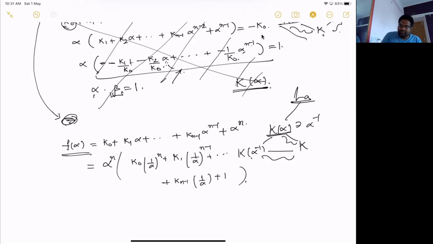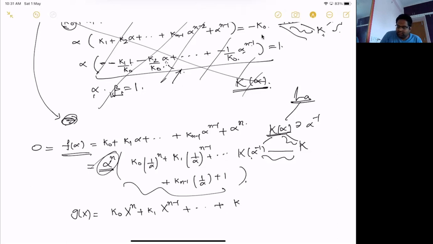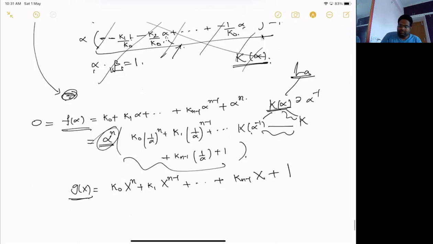So f of alpha is equal to 0, but alpha to the power of n is not 0 because we are talking about a field, so the bracket must be 0. So if you take the polynomial g of x equal to k_0 x to the power of n plus k_1 x to the power of n minus 1 plus ... plus k_{n-1} x plus 1, you can easily see that 1 over alpha satisfies this polynomial, and therefore it is algebraic over k. In particular, it belongs to L_A. But that is not necessary. You can easily see this from here.